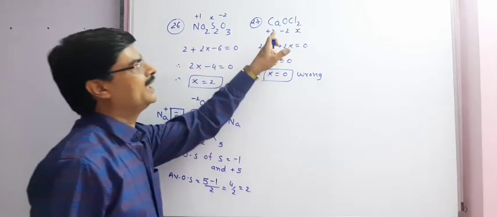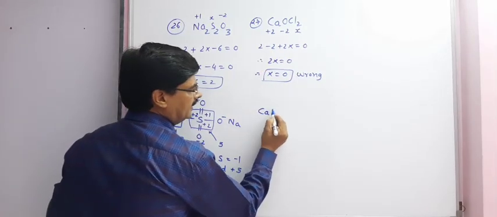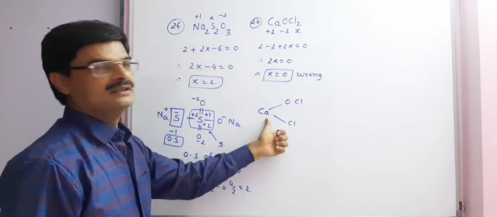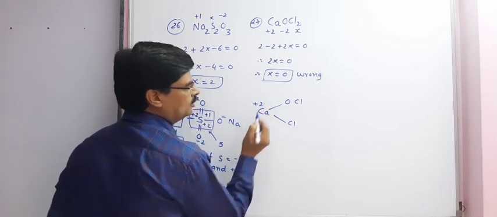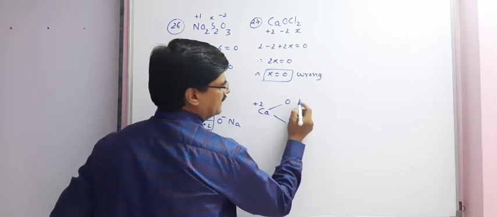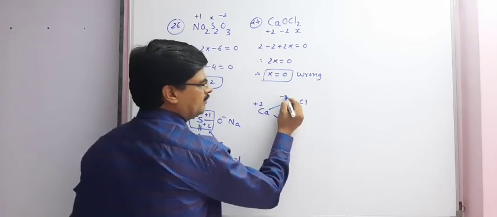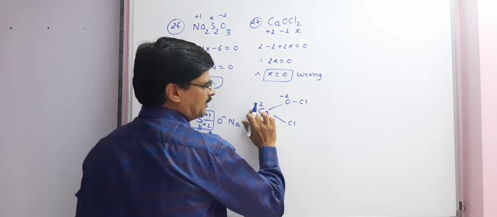So how to find out the right oxidation state? Ca, O, Cl and Cl. This is the structure from which we will write Ca 2 plus, and for oxygen -2, because here it is +2.